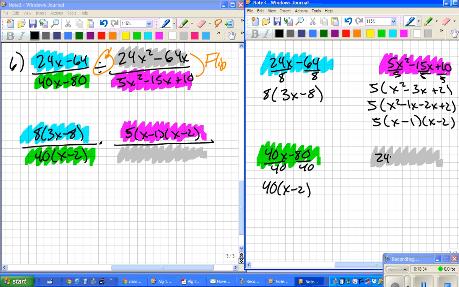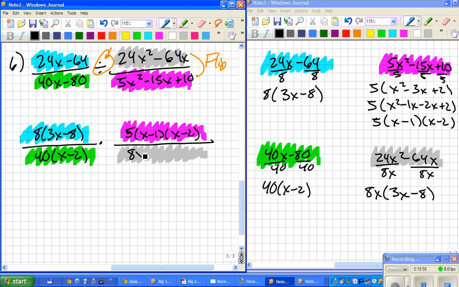Okay, and then now the 24x squared minus 64x. This time we can take out an 8x. The 8x goes out front, and we're left with 3x minus 8.